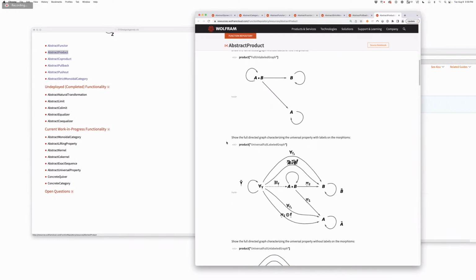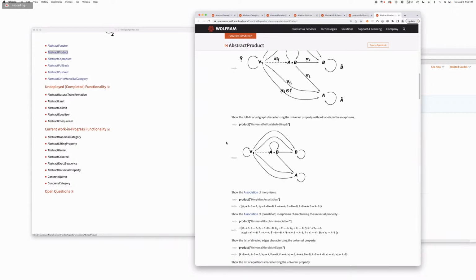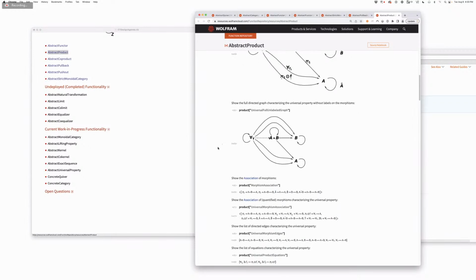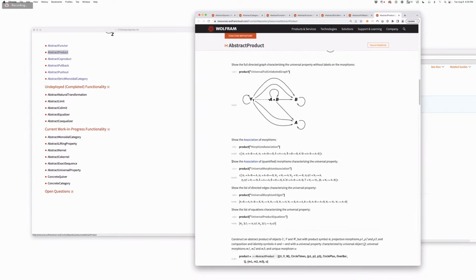We've got this A product B, we've got these projection morphisms pi1, pi2 into A and B, and then we're saying for any Y, and for any F1 and F2 such that Y injects into A and injects into B, there exists a unique F from Y to A product B. Internally, if we scroll down a bit more, there we go, universal product equations down there.